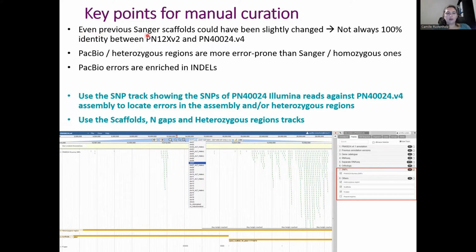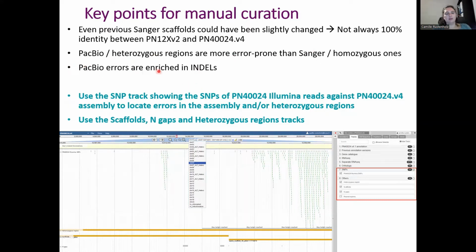So even previous Sanger scaffolds could have been slightly changed. So they are not completely identical. That's why it would have been difficult to just transfer annotation from the 12x v2 to the new v4 version, because they are not exactly 100% identical. I told you that the PacBio heterozygous regions are more error prone than the Sanger homozygous ones. You have to keep that in mind.